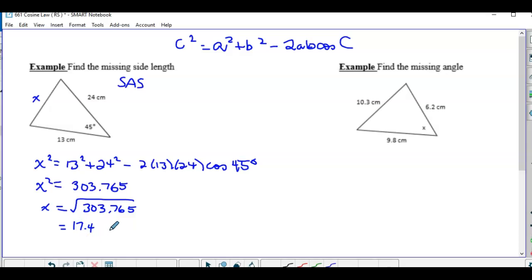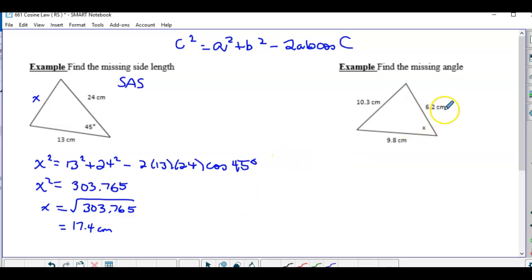Okay, just one calculation, so I don't have to show more decimal places now because I know I don't have to calculate anything more. Take a look at it, and 17.4 kind of makes sense. If you had left it as 303, it totally doesn't make sense in that triangle, right? So just take a look for that.